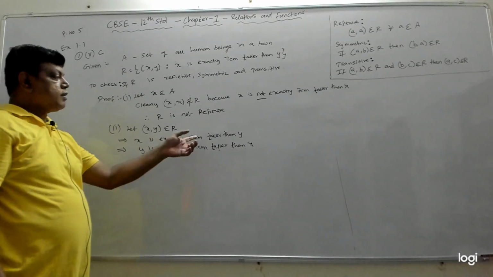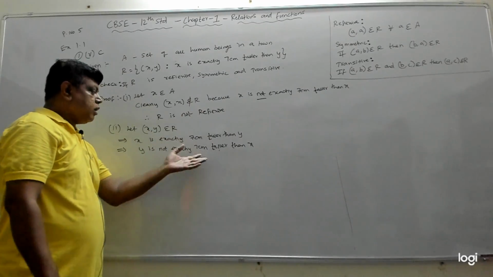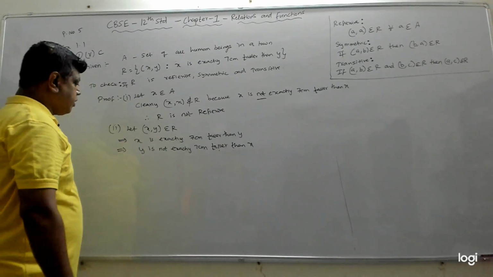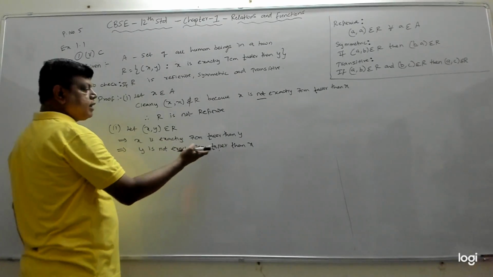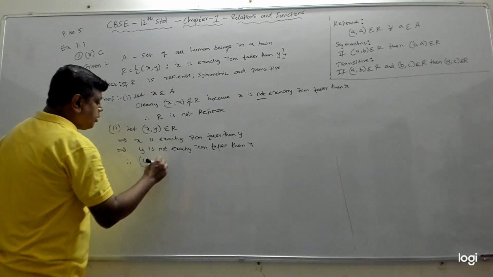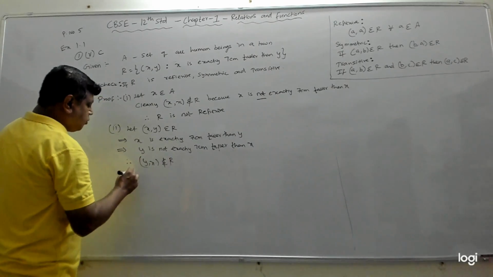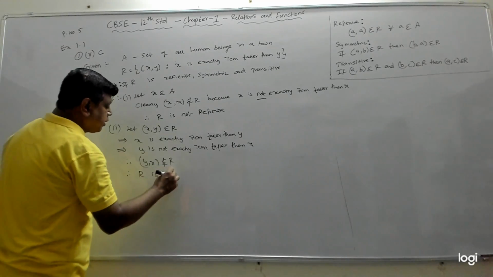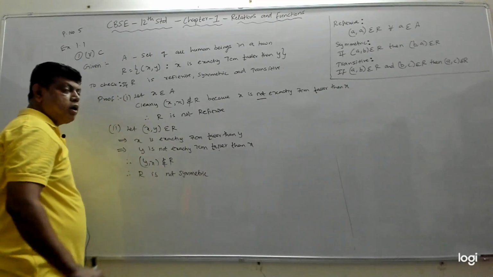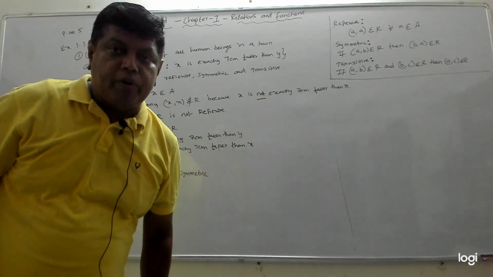If x is exactly 7 centimeter taller than y, then we cannot say y is also exactly 7 centimeter taller than x, right? Therefore y comma x does not belong to R. Therefore R is not symmetric.